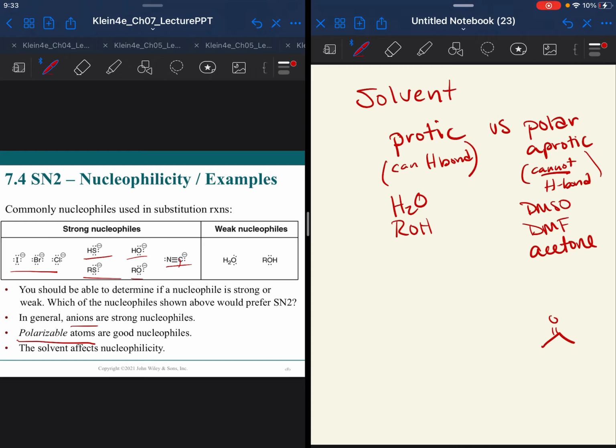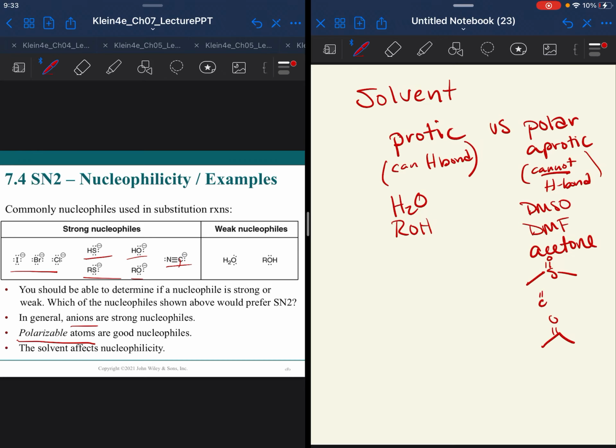Dimethyl sulfoxide. That's right. Sorry, I just wanted to double check. It looks like acetone, except it has a sulfur connected to the oxygen instead of the carbon. And then DMF is dimethyl formamide.